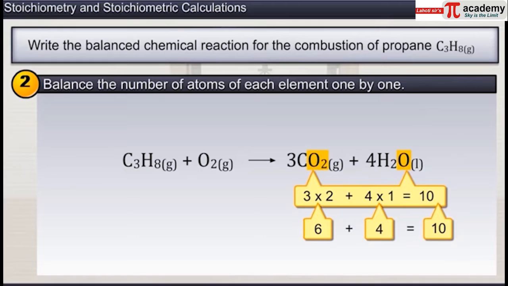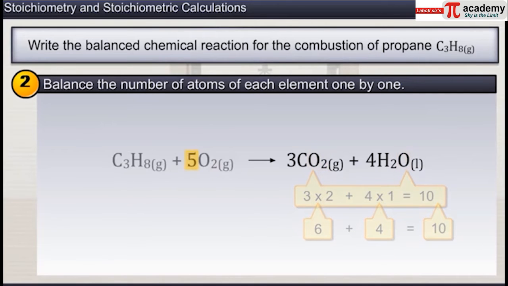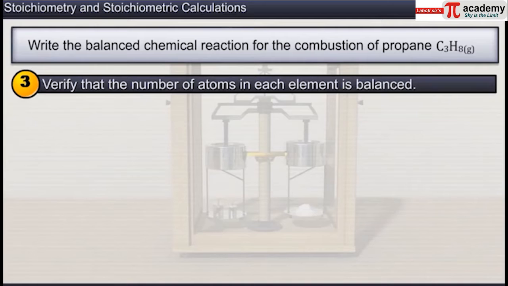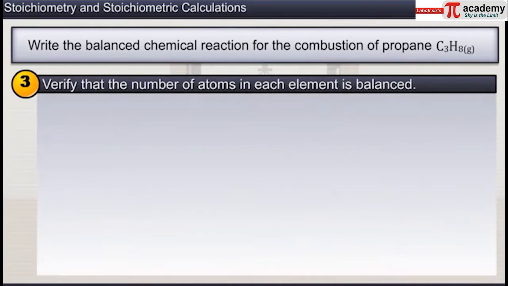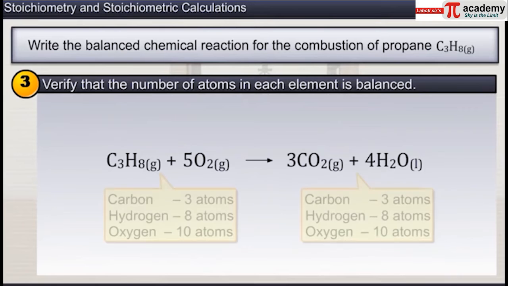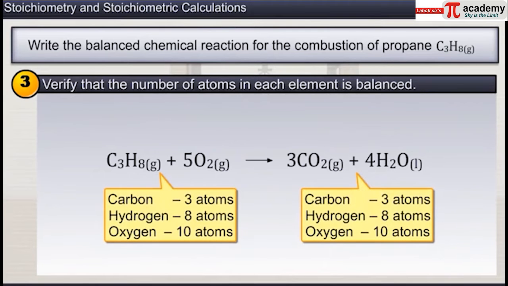Hence, we will multiply O2 on the left side by 5. Finally, verify that the number of atoms in each element is balanced. In this case, we have equal number of atoms on both sides. Hence, this is a balanced chemical equation.